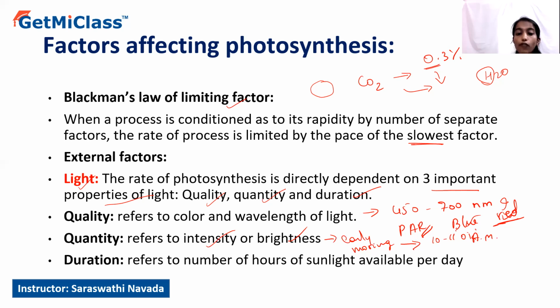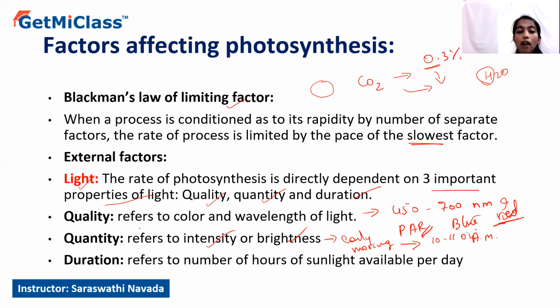Further increase in light intensity results in photooxidation of chlorophyll molecules. Chlorophyll molecules will be destroyed or damaged, so photosynthesis doesn't occur beyond this time period. The rate of photosynthesis starts to decrease.